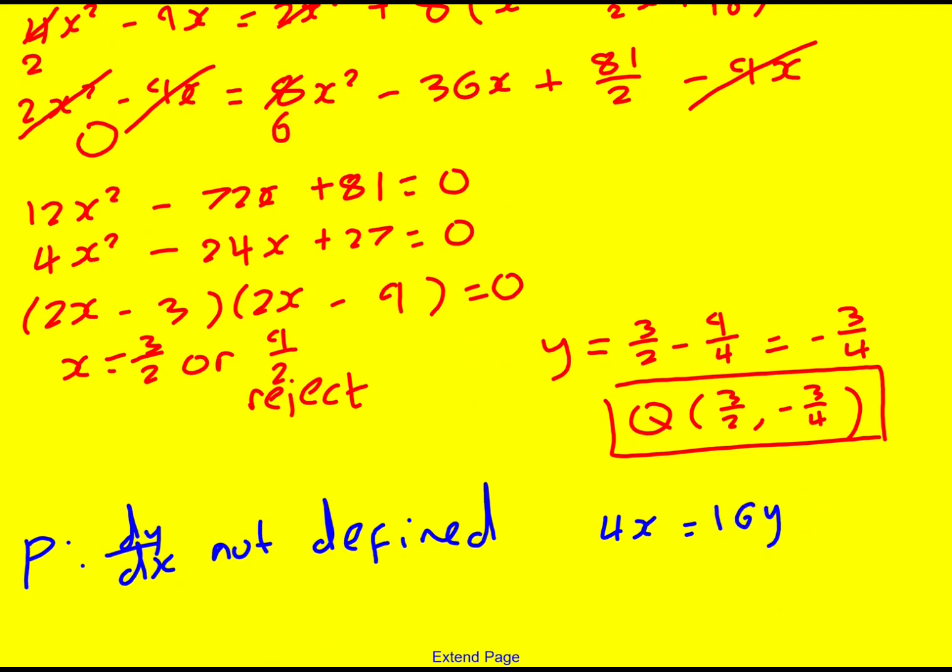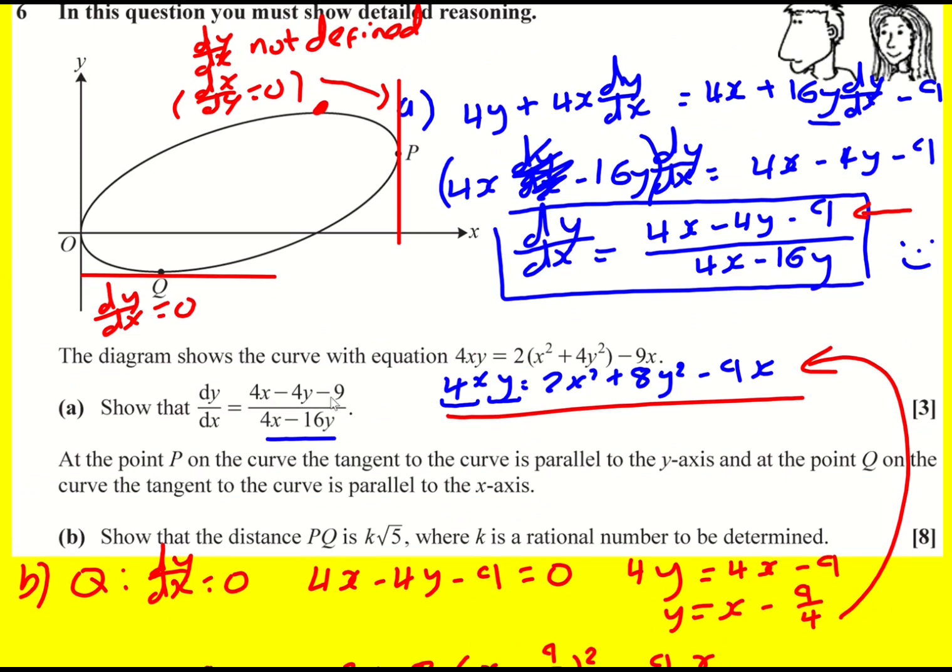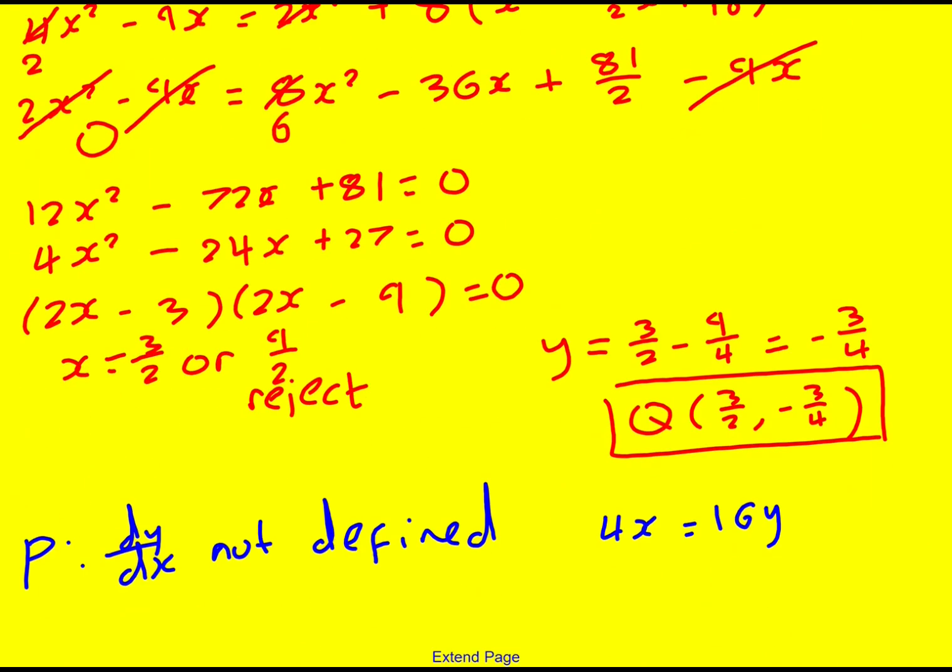My other way of thinking about it was to find dx by dy, in which case you just flip it around, set equal to 0, and then you get exactly the same thing. And that's going to mean that x is 4y.